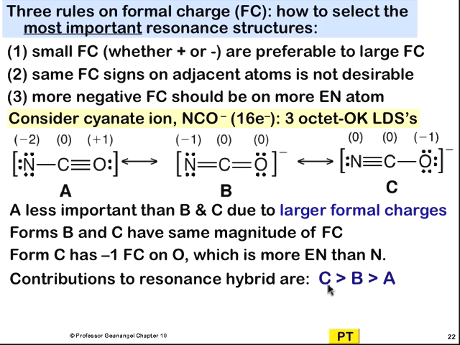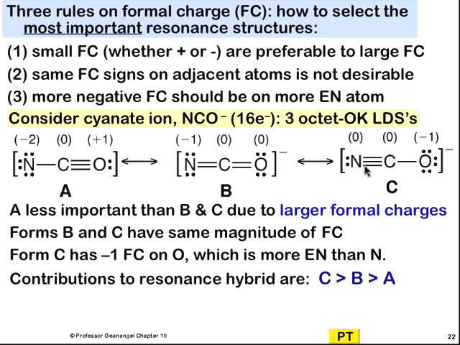So we would say the relative contributions to the resonance hybrid are C greater than B, and both of them a lot greater than A. Okay, so what does that mean to us? Well, it means if you look at B and C, the most important contributions, and you ask, well, what will the bond length of the carbon-nitrogen bond in the resonance hybrid be?